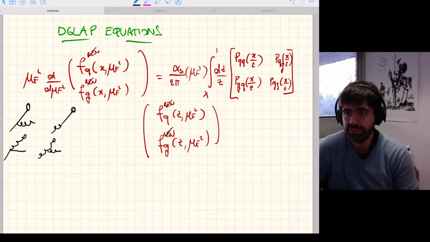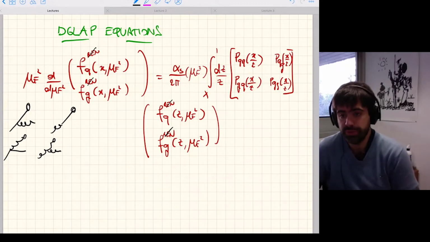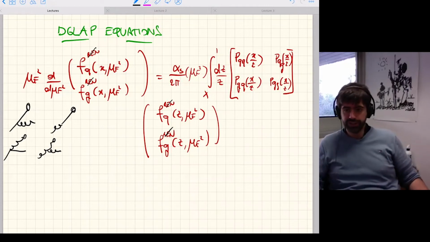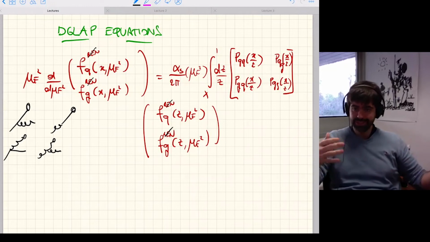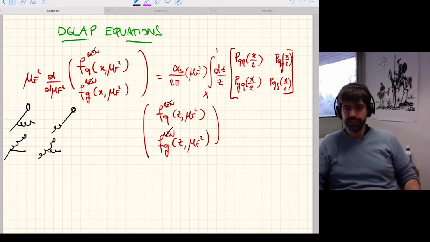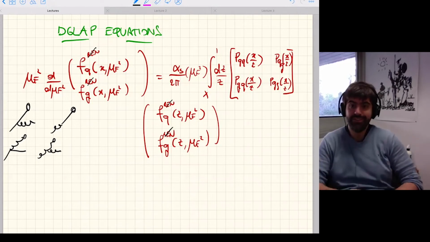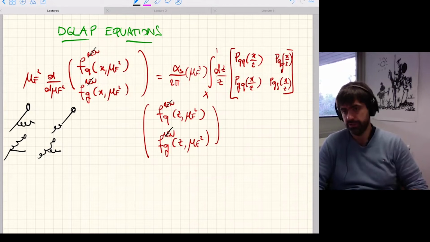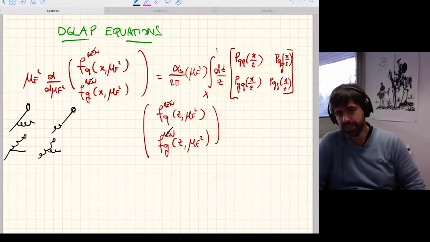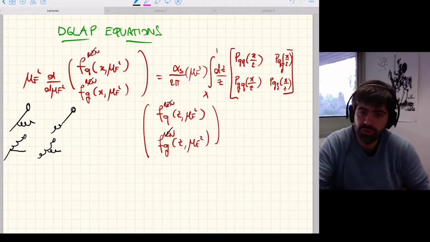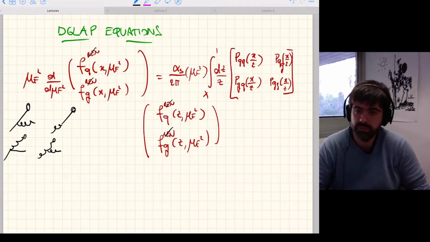This also gives us a strategy to fit PDFs, because we can do experiments at different energies, and using DGLAP evolution we can bring them all to the same scale and fit the initial condition. Another way of saying it is that the initial condition of the PDFs is not perturbative, but its evolution in mu_f is perturbative.